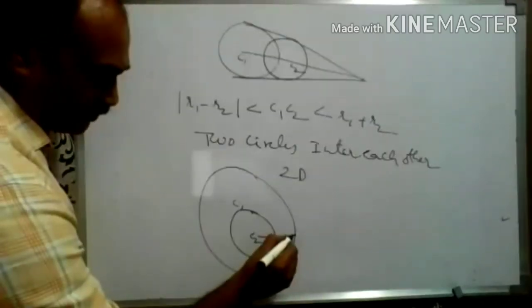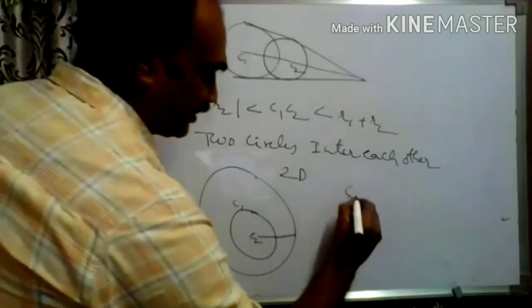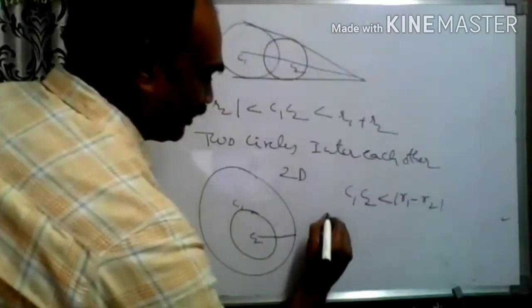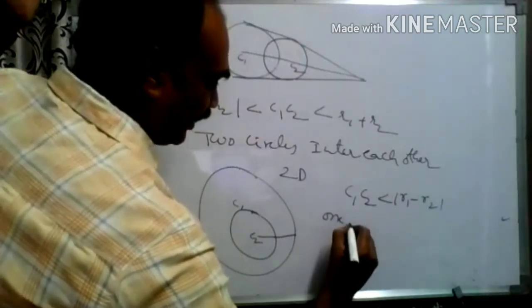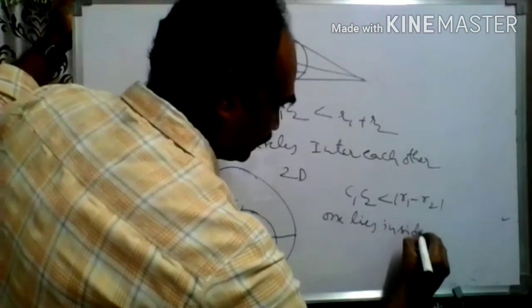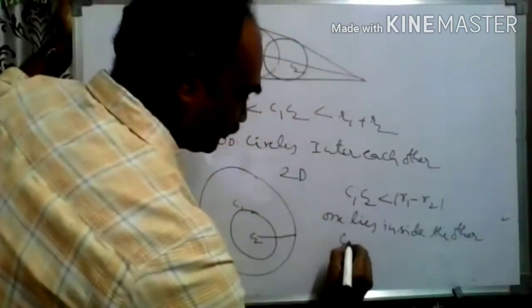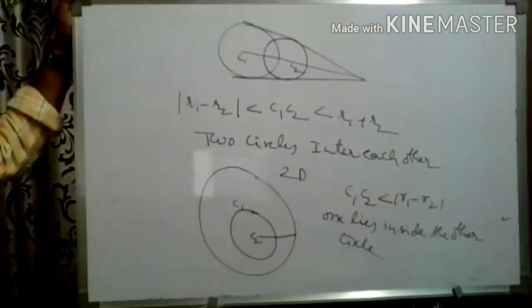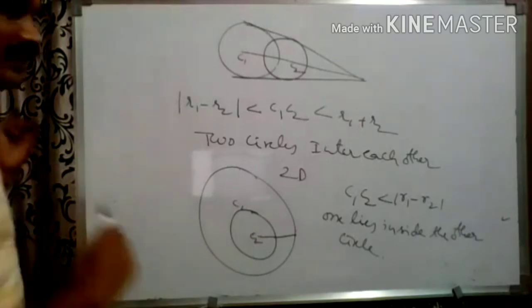This is R1. Students, here condition is C1C2 is less than mod of R1 minus R2. One circle lies inside the other circle. C1C2 is less than mod of R1 minus R2. One circle lies inside the other circle.